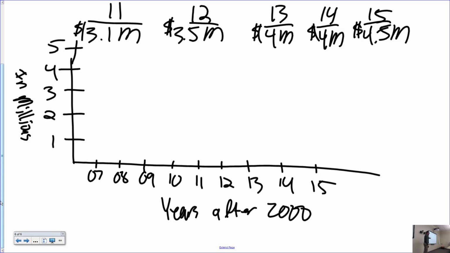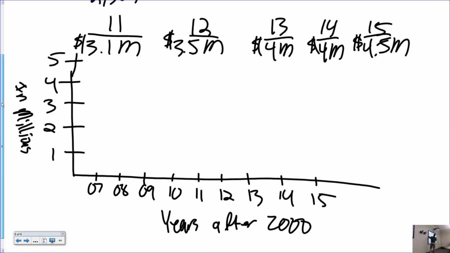Again, so that the 07 looks like 2007 and 08 looks like 2008. Because if it was the year 7, remember that the NFL didn't exist in the year 7 AD. There was no football yet.